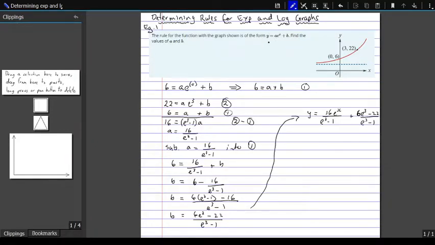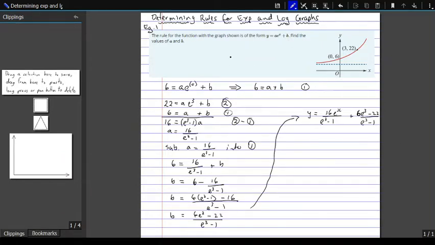So when a question gives you the form, you know exactly what you need to find. Okay, we have two unknowns, a and b, which, given the graph that we have here with 2 points, we can use those 2 points to find those two values that are unknown by using simultaneous equations.